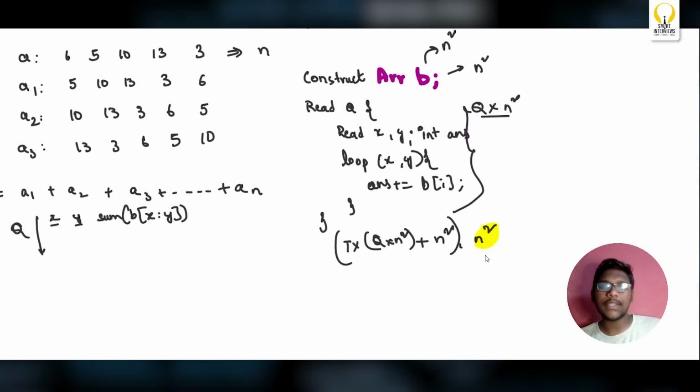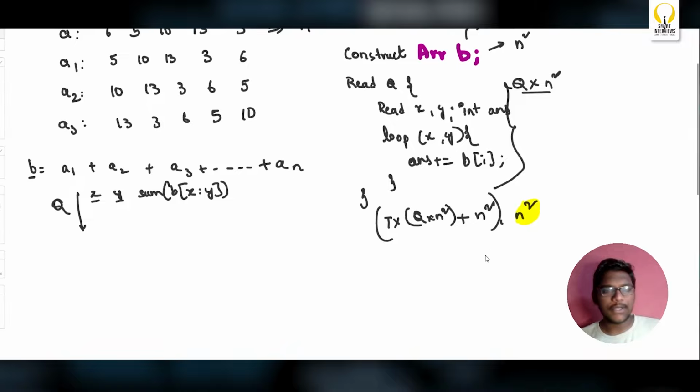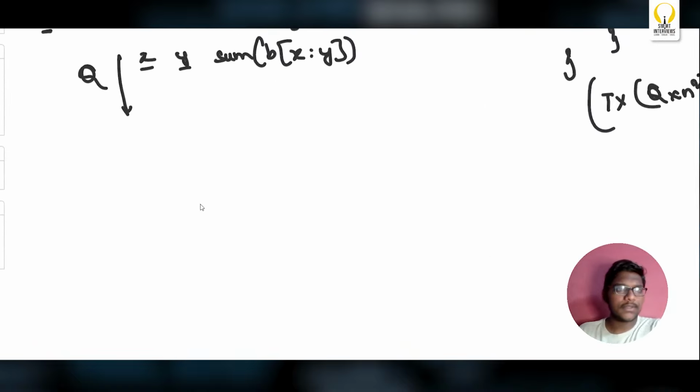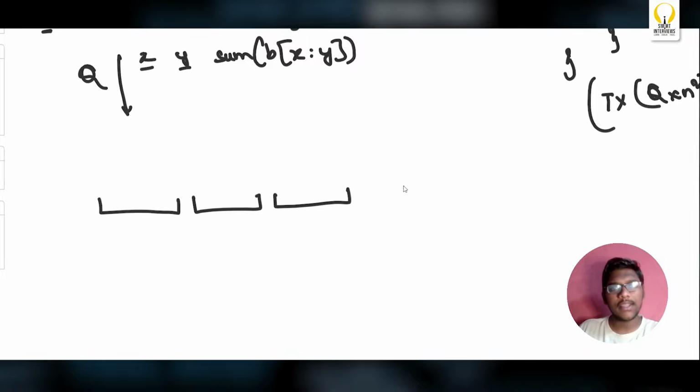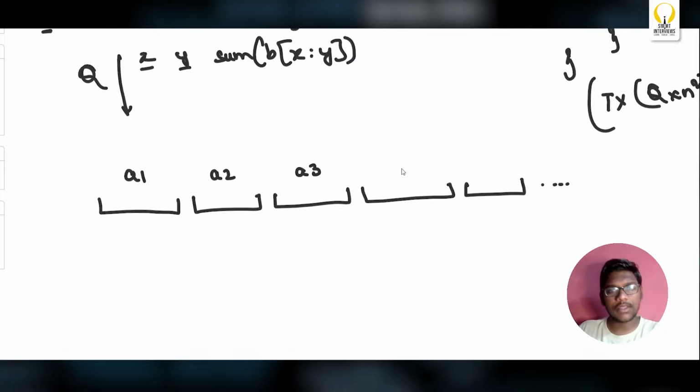First, we'll observe a few things from the brute force solution. Let's say this is some A1, this is some A2, this is some A3, this is some A4, this is some A5, and so on till the last array which is AN.